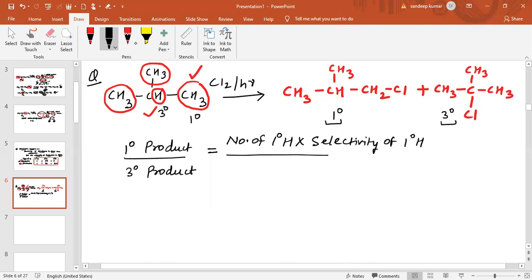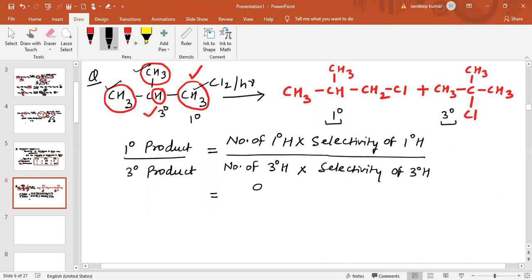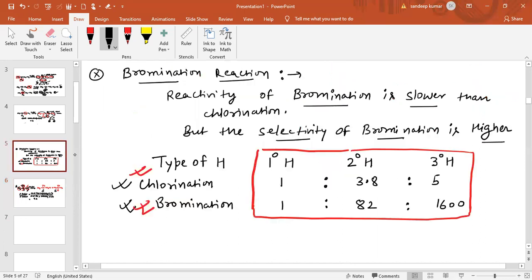For the 3 degree product, we look at the number of 3 degree hydrogens multiplied by the selectivity of 3 degree hydrogen. Now see, how many 1 degree hydrogen atoms are there? 3 plus 3 is 6, plus 3 is 9. So there are 9 1 degree hydrogens. And what is the selectivity of 1 degree hydrogen in chlorination? You can easily see.